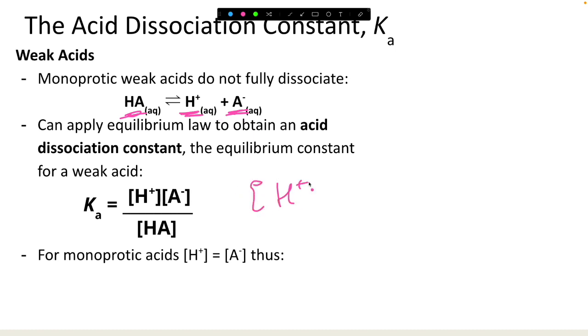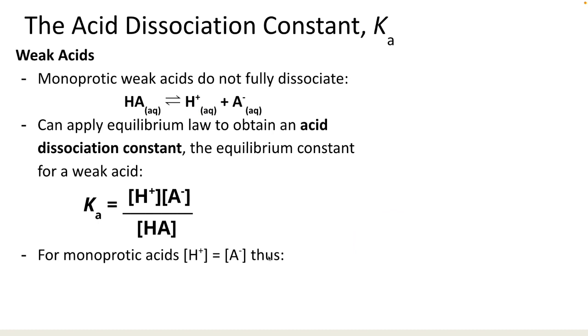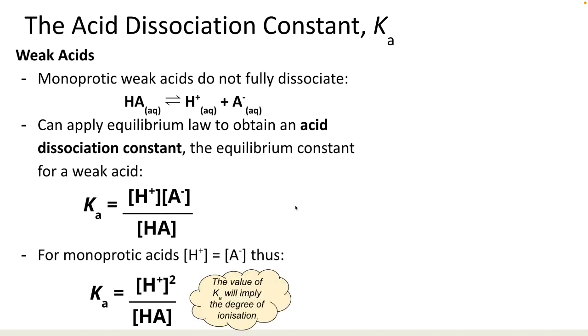So as we did earlier on, if H plus equals A minus, then it ends up as H plus times H plus over HA, which simplifies to H plus squared over HA for our acid dissociation constant. Now, as all our equilibrium expressions do, the value of K implies which side of the equilibrium we're sitting on and by how much. So our Ka value implies the degree of ionization that our weak acid has. From this, we can get the pH of our substances.